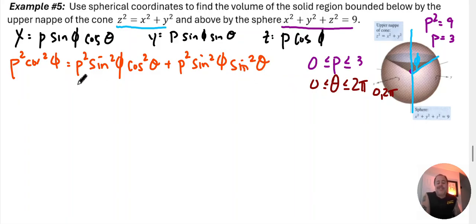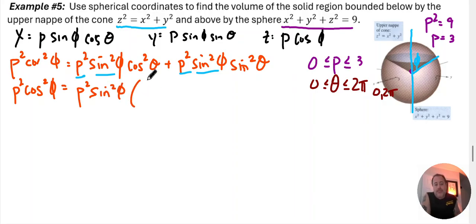When we look at this, it seems a little crazy. However, again, these questions are written very nicely for us. So we're going to rewrite the equation with a little simplifying, and I'm going to leave the left-hand side completely alone. On the right-hand side, there are two things that both terms have, so we can pull those out and distribute them: a rho squared and a sine squared phi.